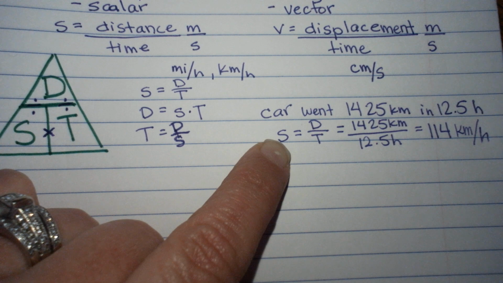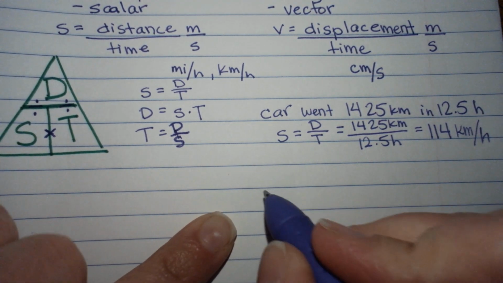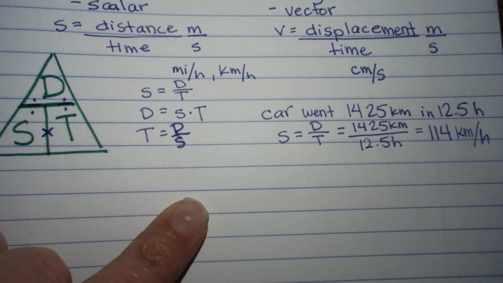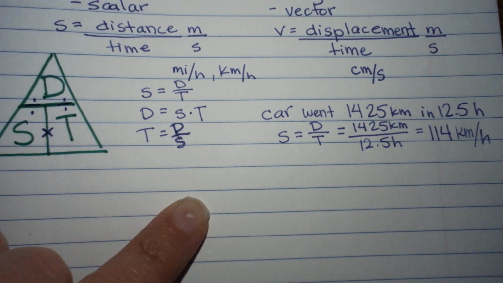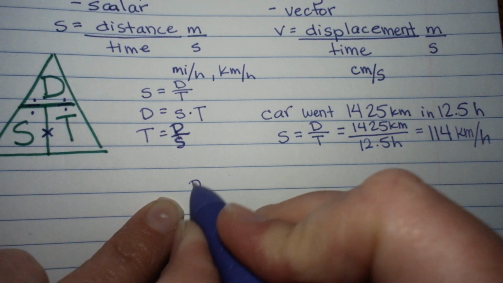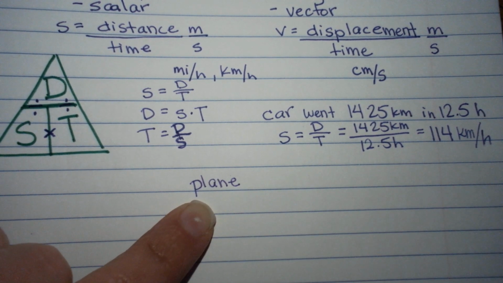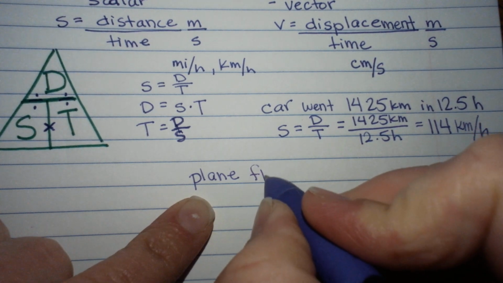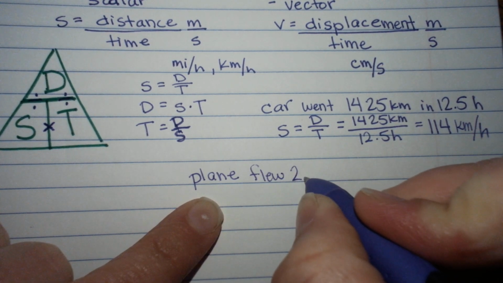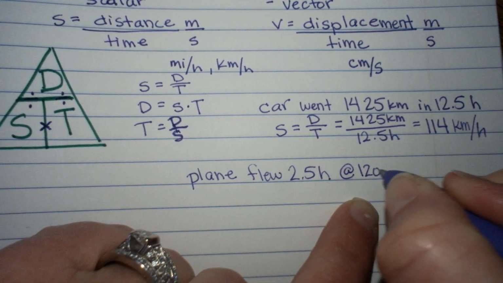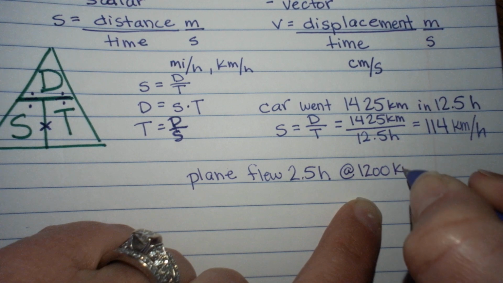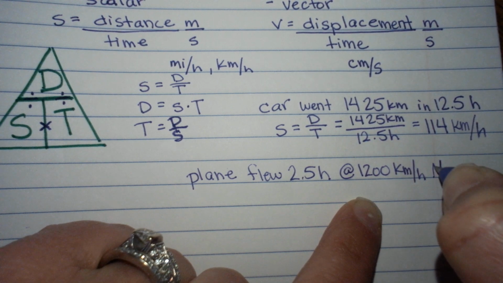If we go back to our lesson, we have another example where we're going to find distance. So in this example, a plane traveled for about 2.5 hours at a velocity of 1,200 kilometers per hour north. What is the distance it traveled? So I don't want to write that whole thing, but I'm going to say in my notebook so I have a good reference. Plane flew 2.5 hours at 1,200 kilometers per hour north.